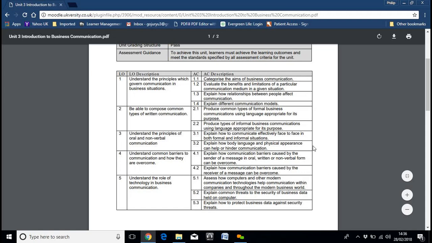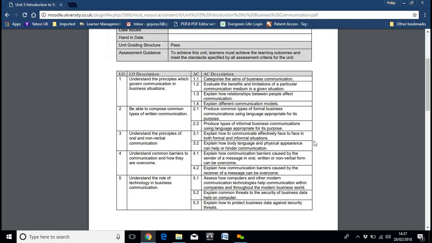So you need to pick out one communication method and just do an evaluation of the benefits and limitations of that particular communication medium, and put those down in a sort of report format.